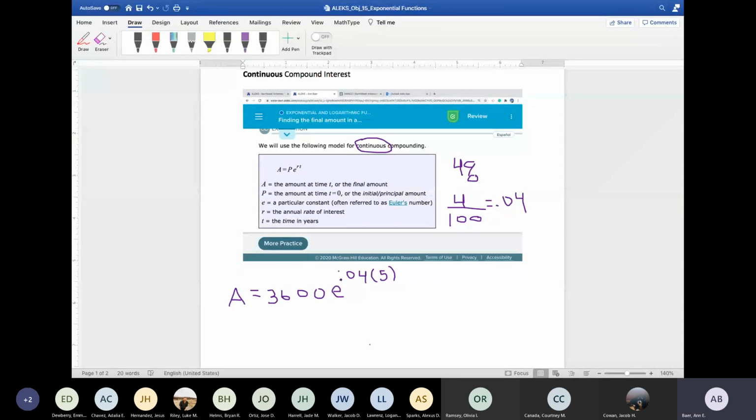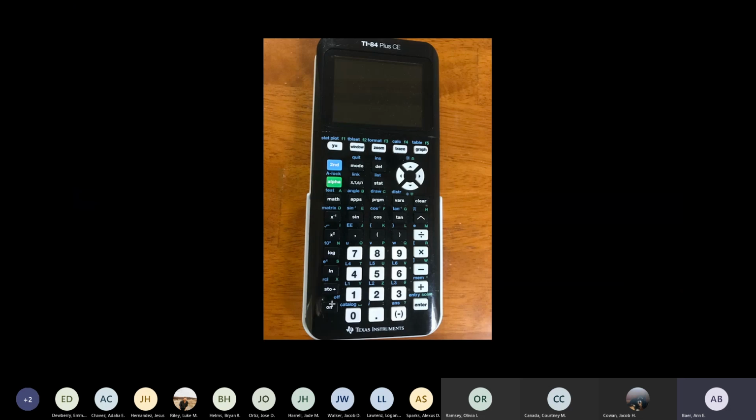And now let's go ahead and do this. I'm just going to enter 3,600 in my calculator. Then E, where do we get our E again? We go back here. We want E to the X. It's right here, in blue, so I have to get my second key first, and then the ln.